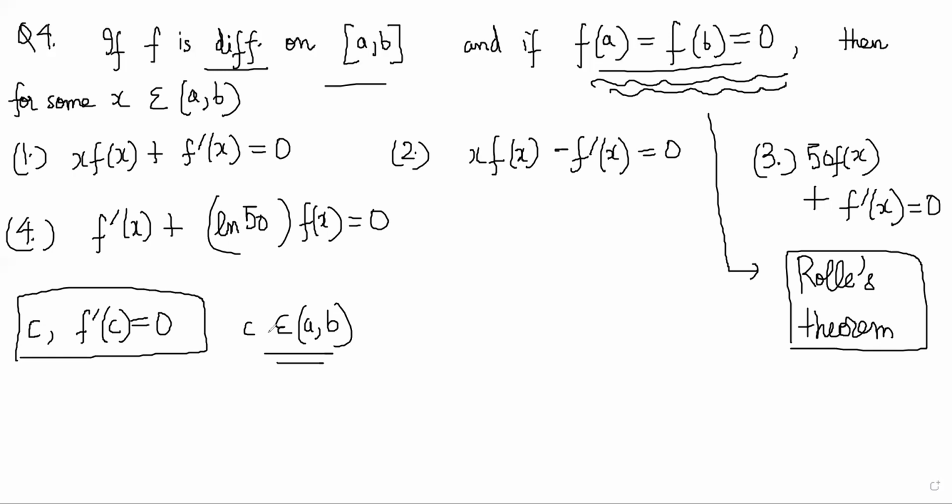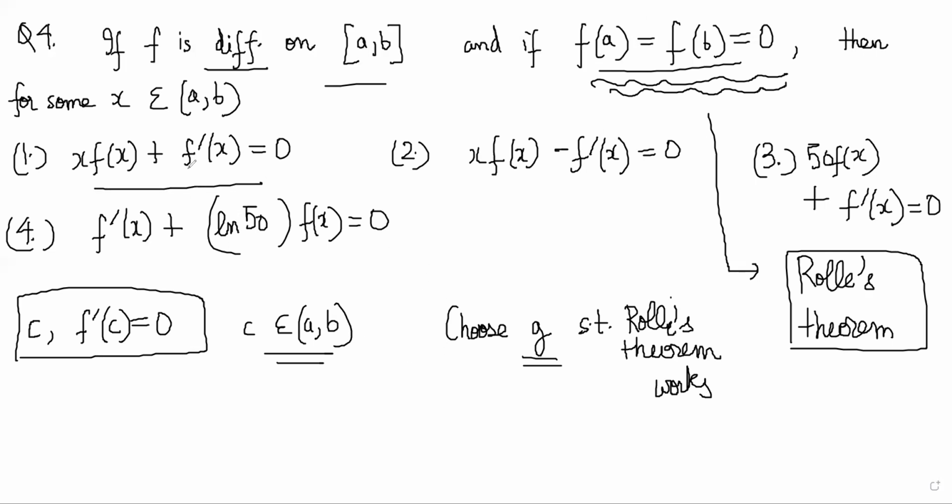It is a combination of some terms. So what you have to do in all such questions is choose the appropriate function g, such that Rolle's theorem works. And obviously g should be some combination of f, because for f you know these things. Then when you differentiate g, you should try to get the option which will come in terms of f.